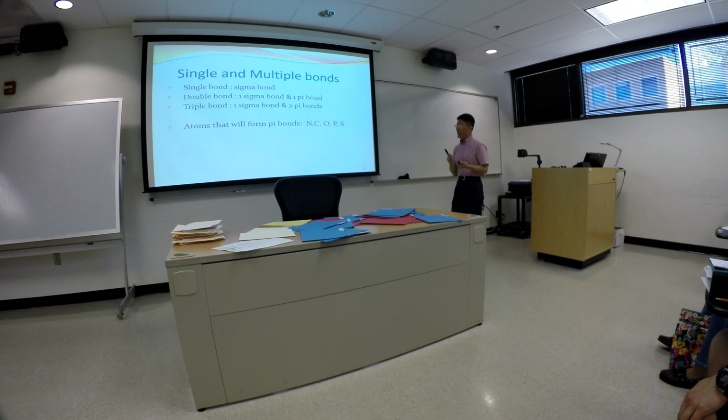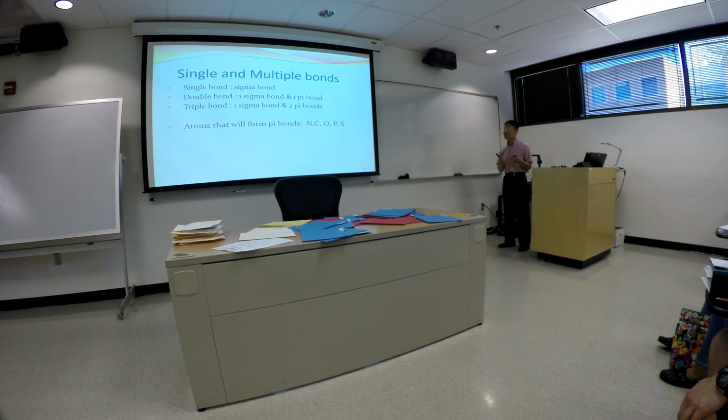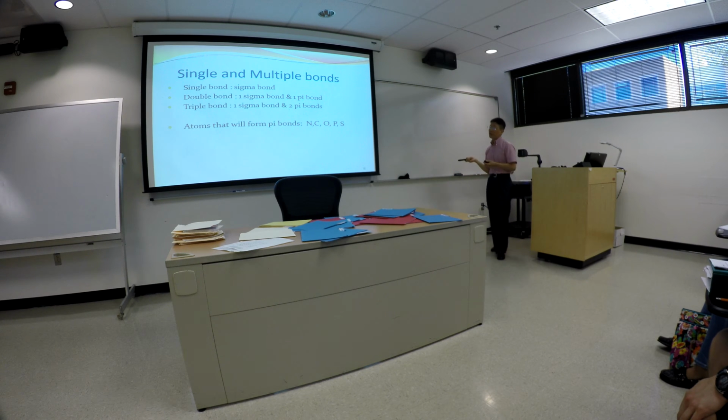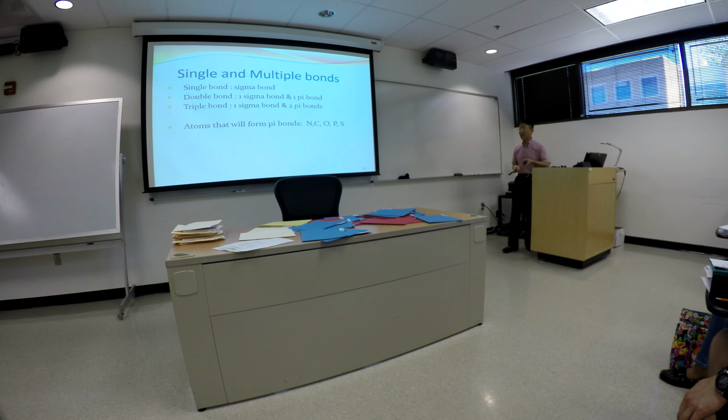In the biosystem, in living things, the lipids and the proteins and fatty acids, that's where the carbon and nitrogen and oxygen, phosphorus, and sulfur come in. So these are the atoms that are capable of forming double bonds, or triple bonds for that matter, and these are biologically important atoms in most of the biosystems.